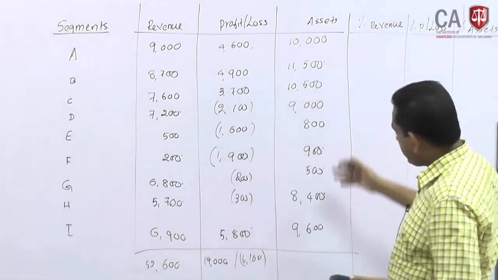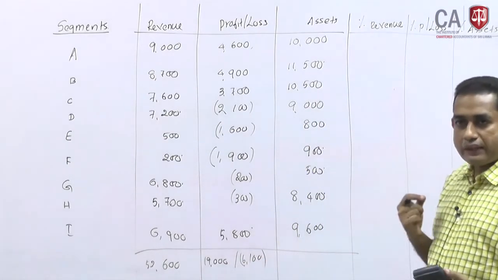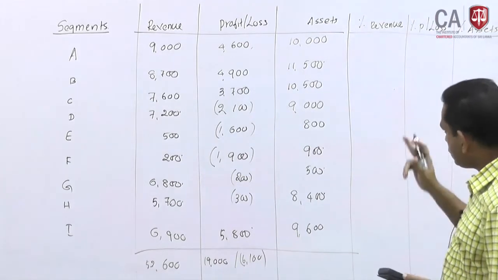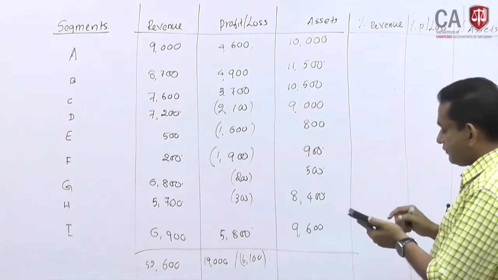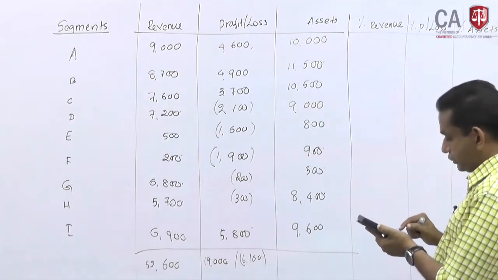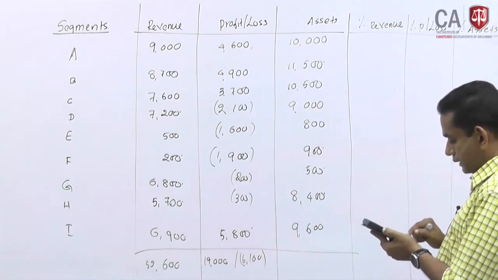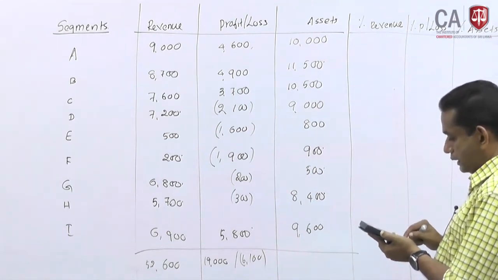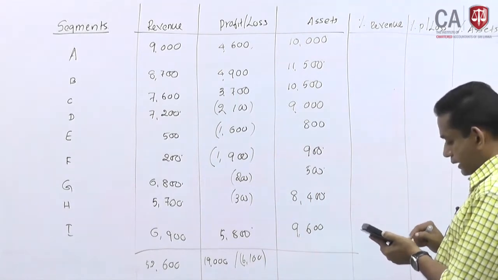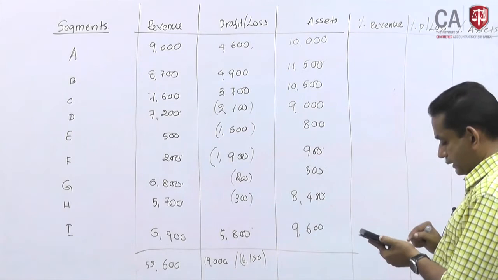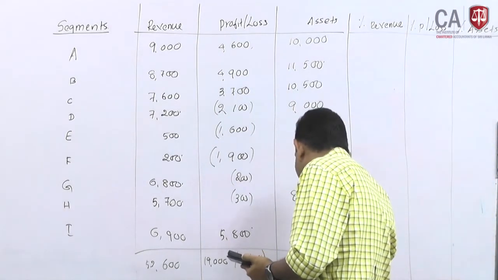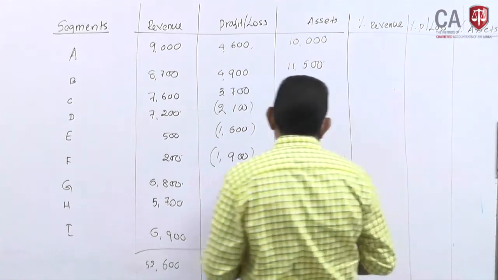Then similarly you can take the total assets of the segments, combined assets of the operating segments. Let us see, 10,000 plus 11,500 plus 9,000 plus 800 plus 900 plus 500 plus 8,400 plus 9,600 should be 61,200, and let me do a quick double check with you.